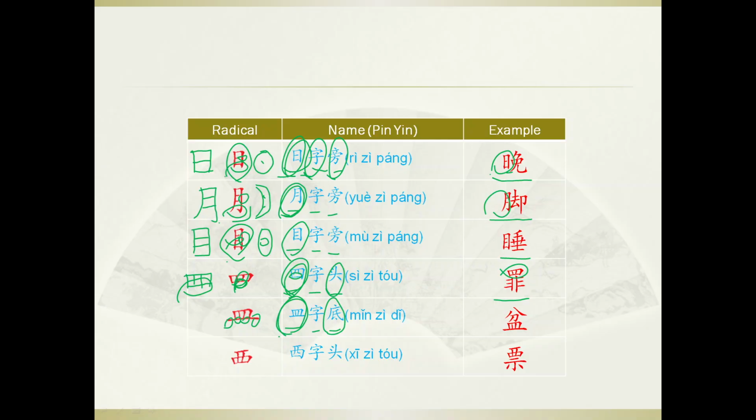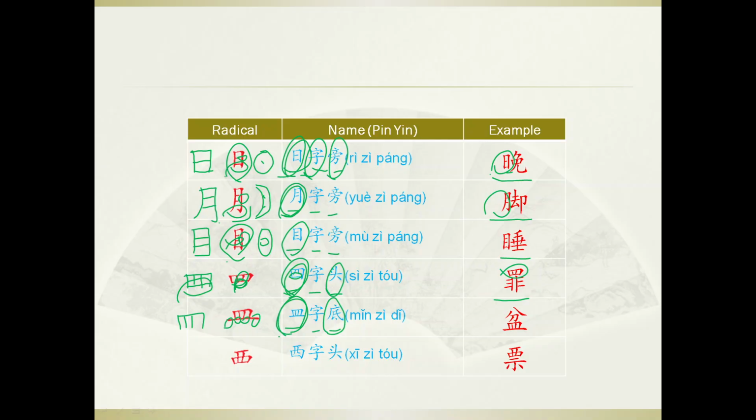Let's write it. Vertical connected to the top, horizontal turn. Vertical at about 1/3 position of the horizontal. Another vertical at about 2/3 position.